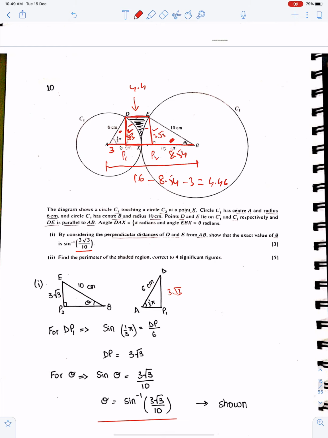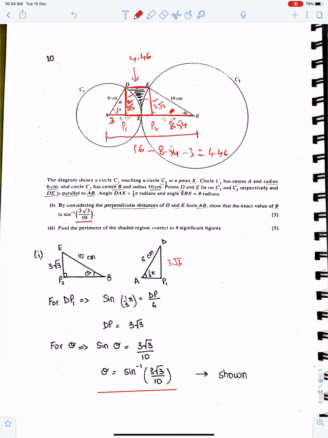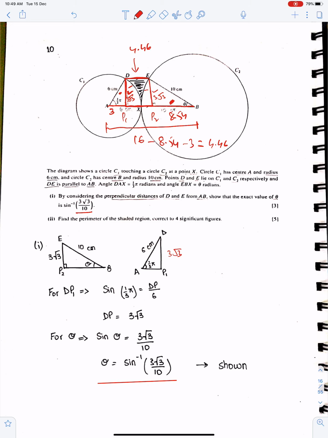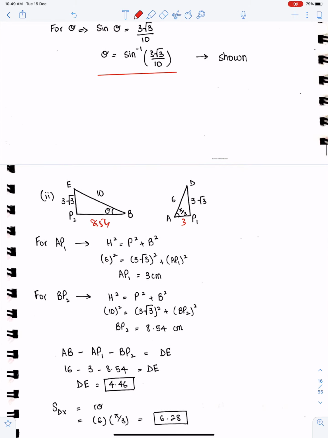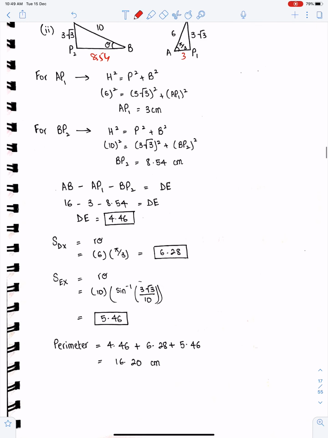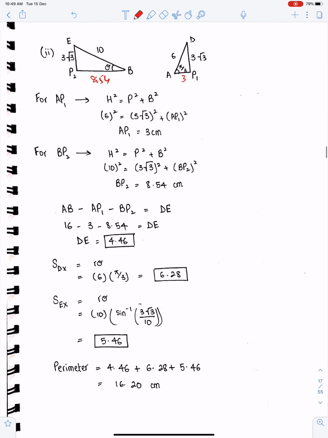So this length is 4.46. Now you just need to get the arc lengths of both the sectors. This is the arc length of DX, this is the arc length of EX, and this is the perimeter.